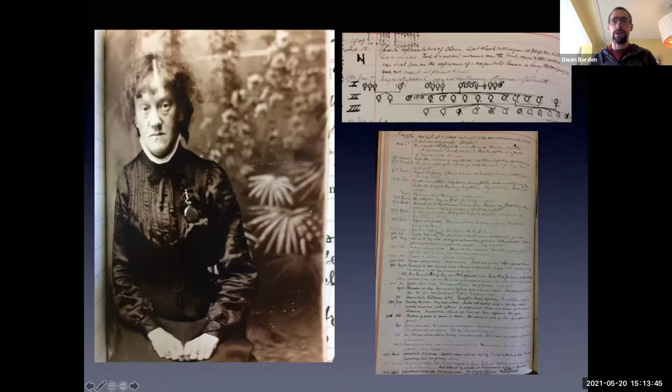This is an actual page of notes now on the screen from the ledger, and you can see there is line after line after line of descriptions of this lady's life in the asylum. She actually died in the asylum, having spent about 30 years in there. Once she got in, she never got out.